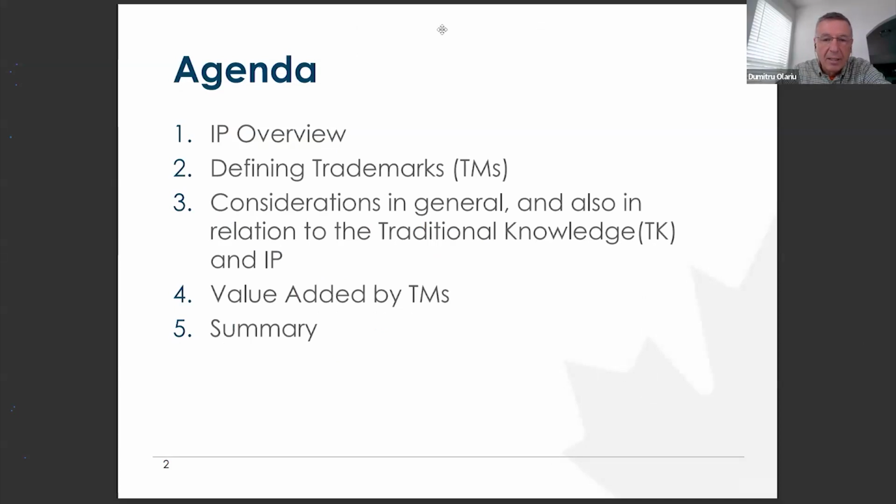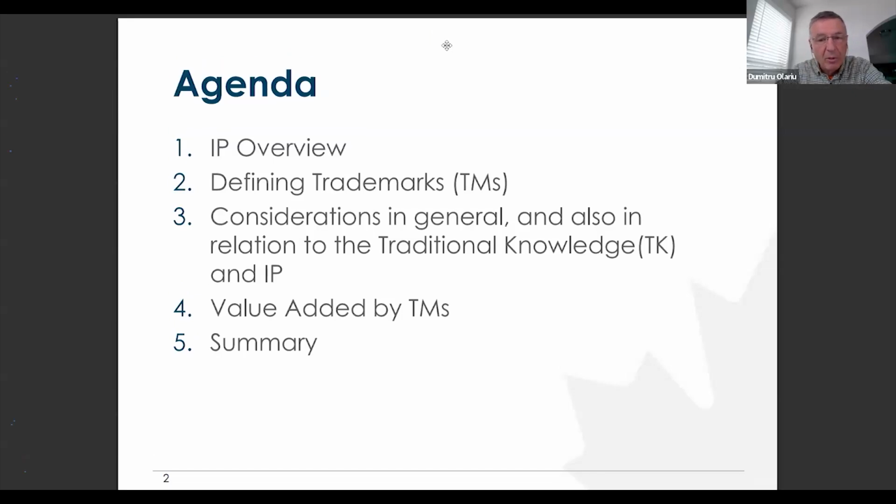We will cover traditional knowledge aspect also with other forms of intellectual property, with examples that will be very valuable for entrepreneurs dealing with creations from the traditional knowledge field.